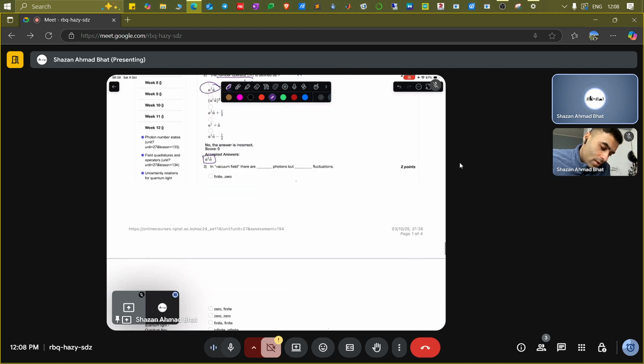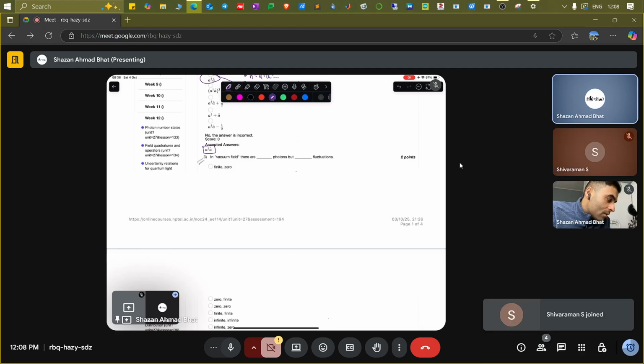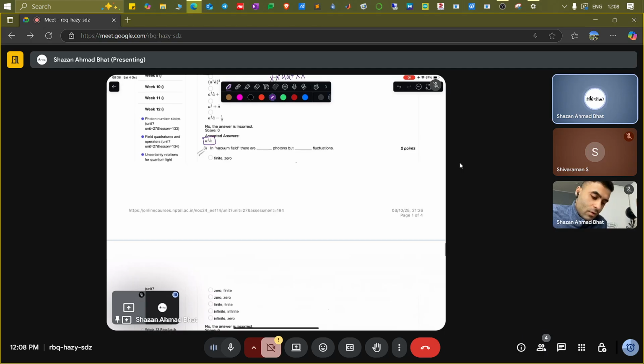Again, question number 3 is asking: in a vacuum field, how many photons, but dash fluctuations. Just like I talked about, if you consider the classical harmonic oscillator, the energy is half of k x squared, which is basically half of m omega squared x squared, the simple harmonic oscillator problem.